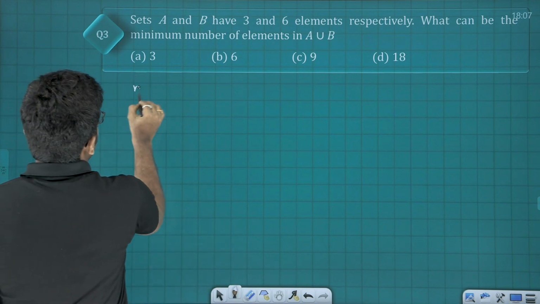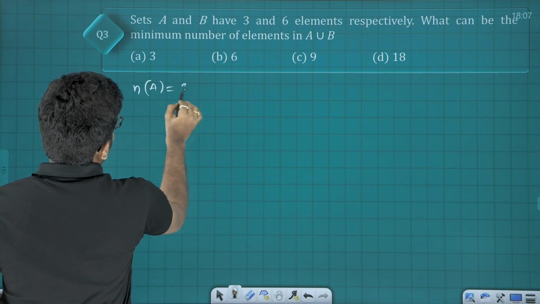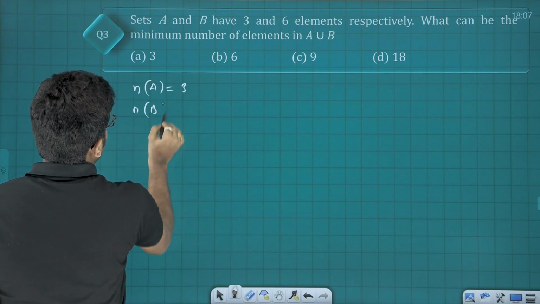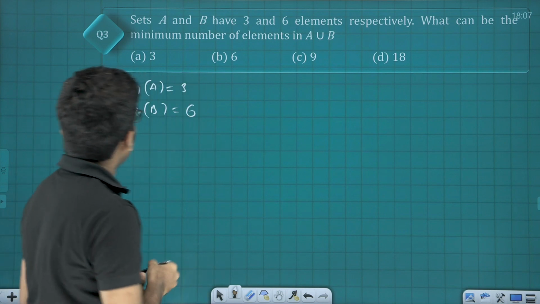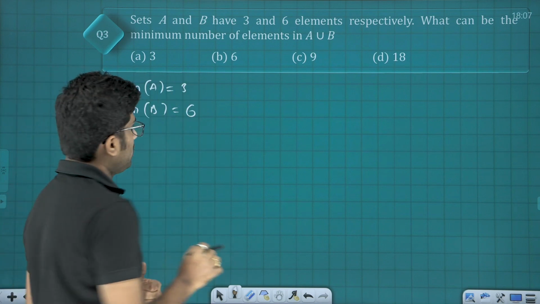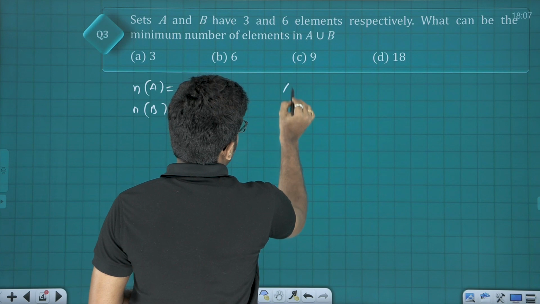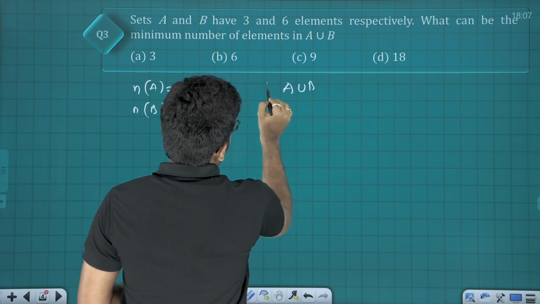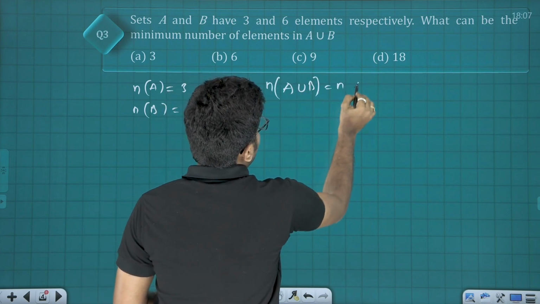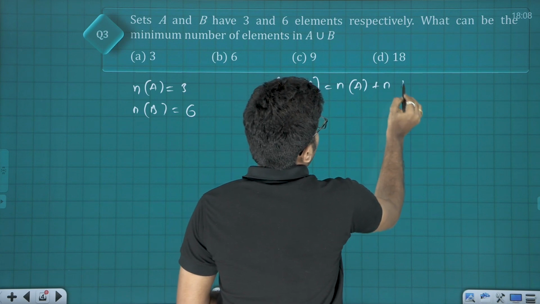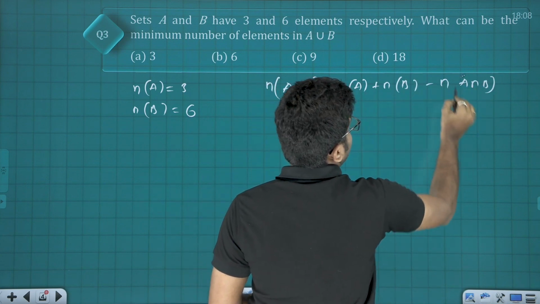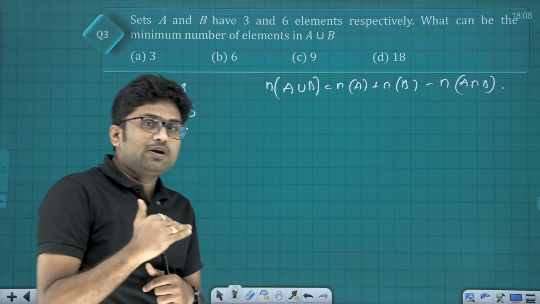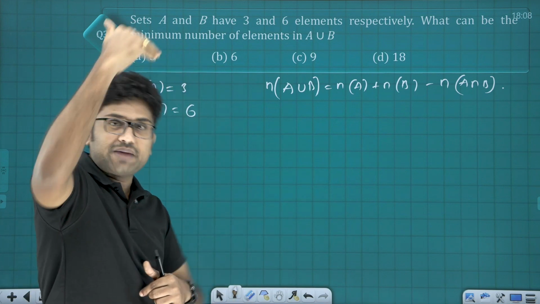So n of A is equal to 3, friends, and n of B is equal to 6. What can be the minimum number of elements in A union B? You know n of A union B is equal to n of A plus n of B minus n of A intersection B. So the union will be minimum when A intersection B is maximum.